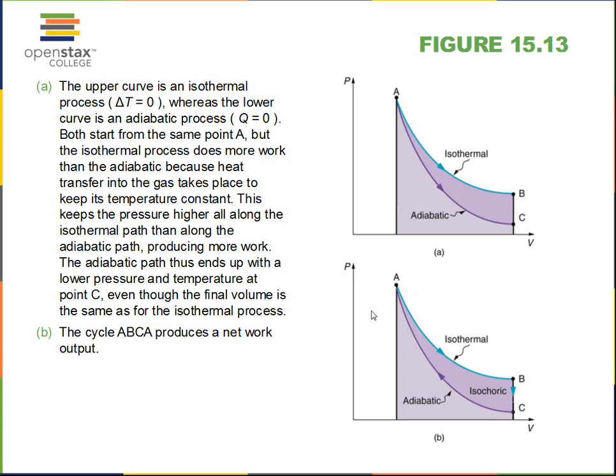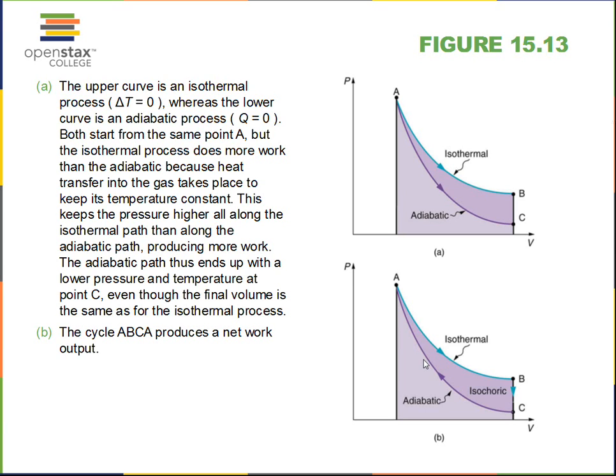And I'll be working with that with my students. You have to ask your instructor if you're going to be calculating work for an isothermal. But you can't use P delta V because the pressure is changing. It's illegal to use work equals P delta V for an isothermal or an adiabatic path.